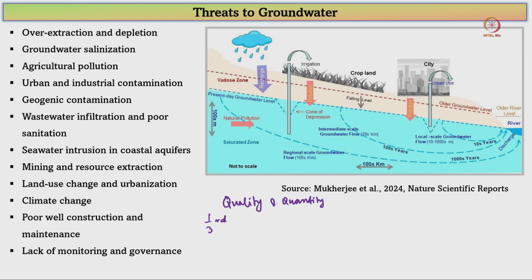So if you see in India, all the time we hear when will be the day zero for Bangalore, or when it will be zero water day for Chennai, when will be zero water day for Mumbai. What does it mean? Day zero means that there is no water available for anybody.